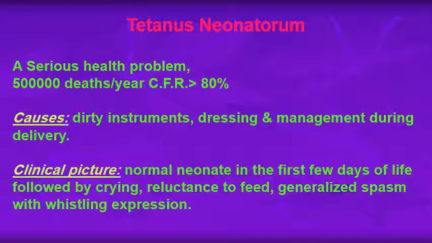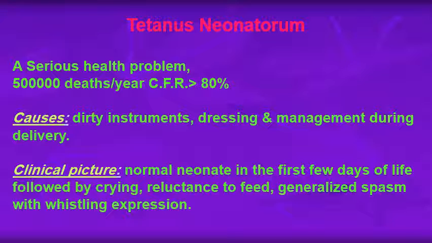And it is very important because the case fatality rate is very high. Actually, it's extremely high. That is in the best health facilities and centers in the world. It is more than 80%. So you can imagine that in other centers it may be 100%.